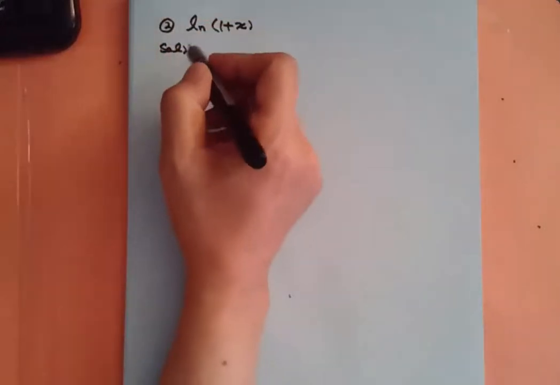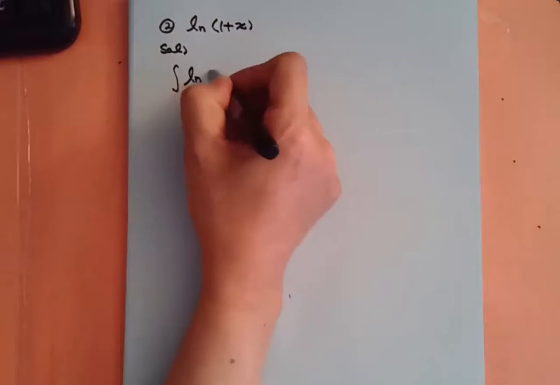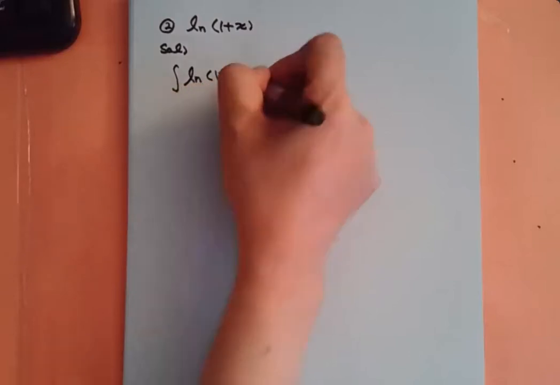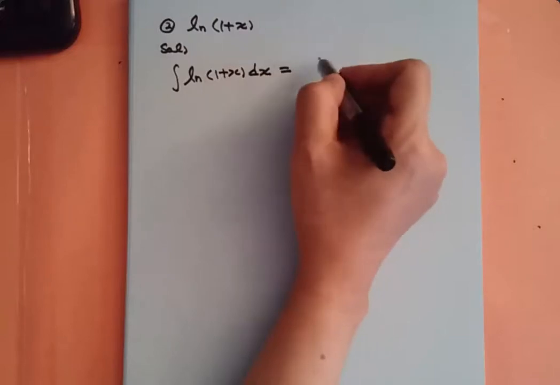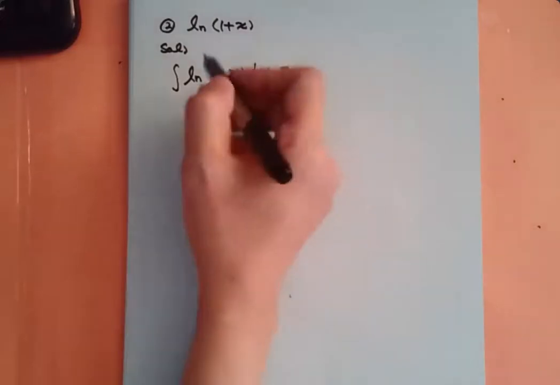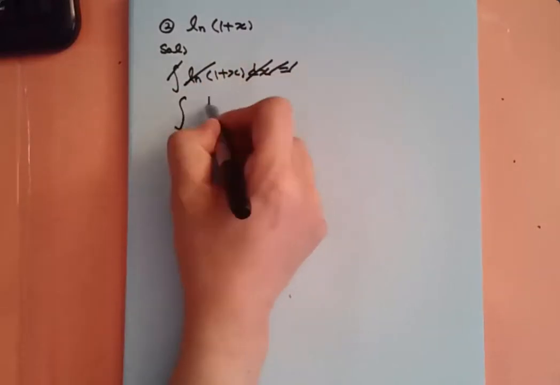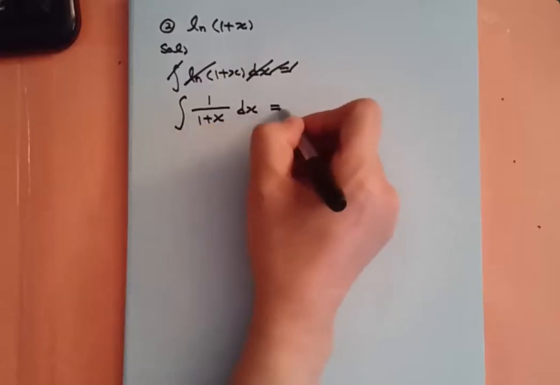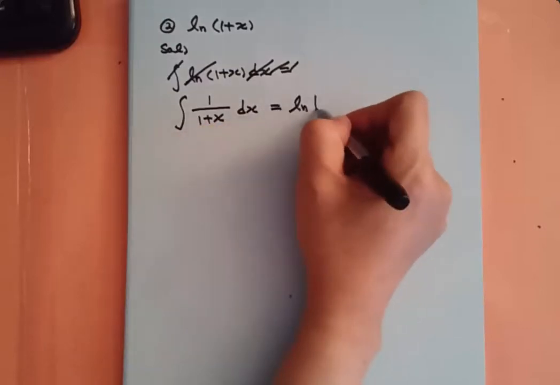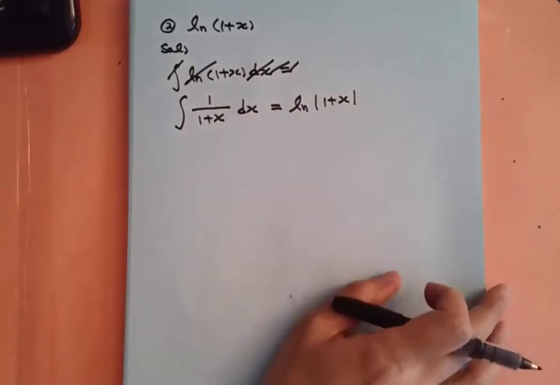What we know is that the integration of 1 over 1 plus x dx is natural log of 1 plus x, of course, plus c.